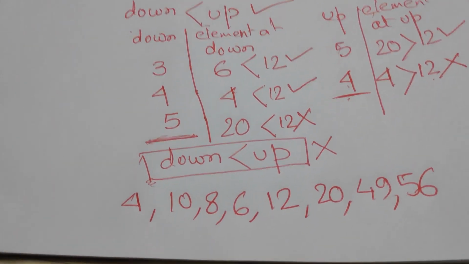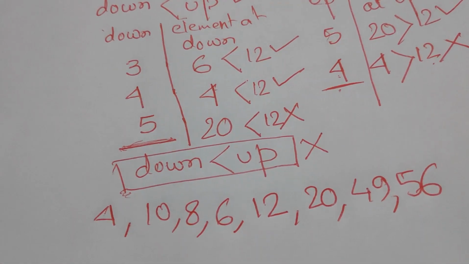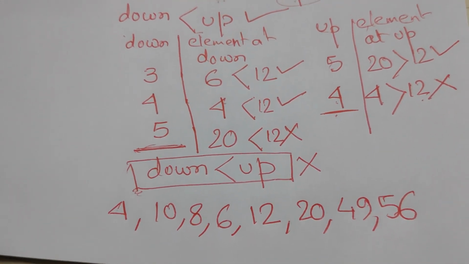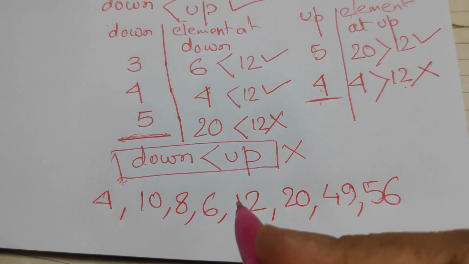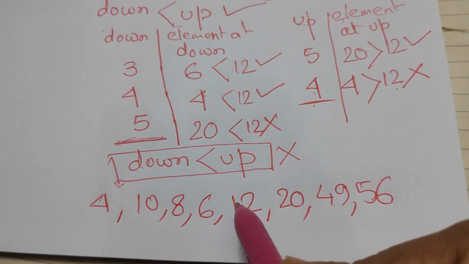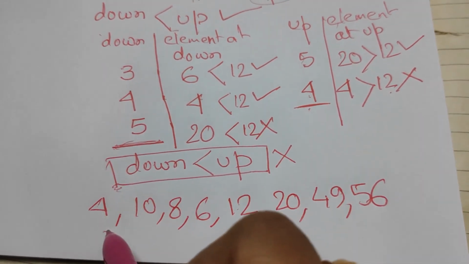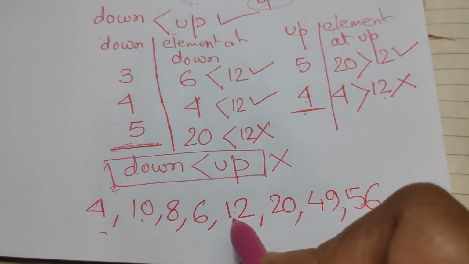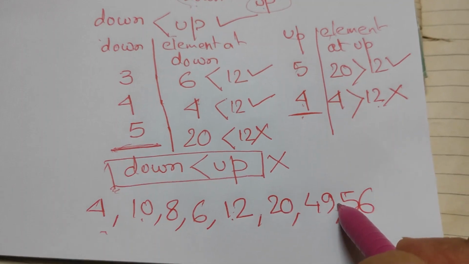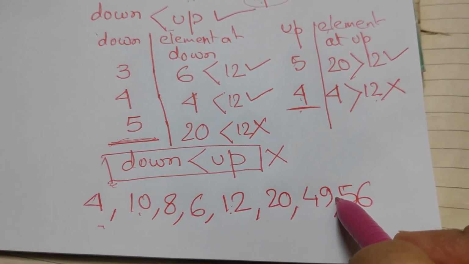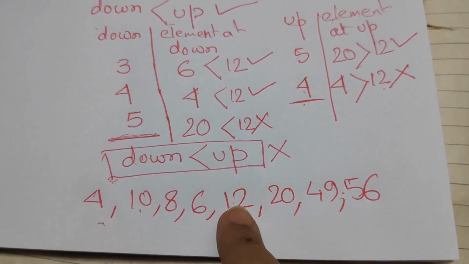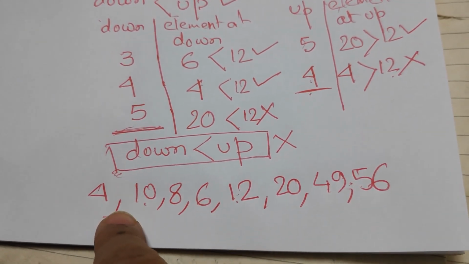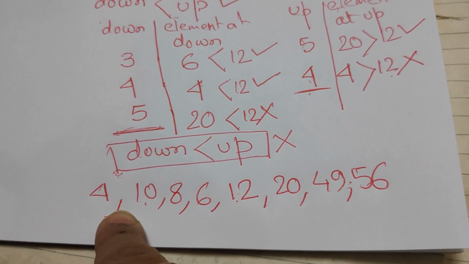Now if you look at the list over here, after this first pass, all the elements appearing on the left hand side of 12 are lesser than 12 and all the elements appearing on the right hand side of 12 are greater than 12.